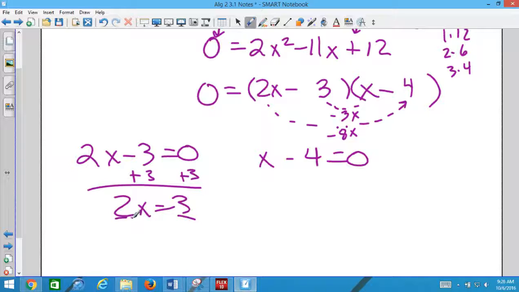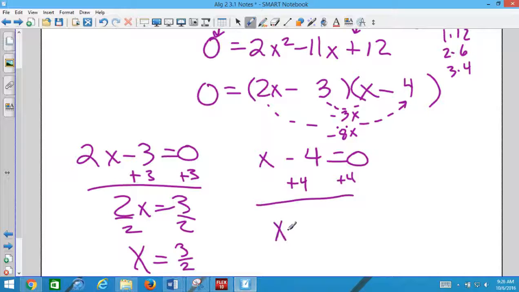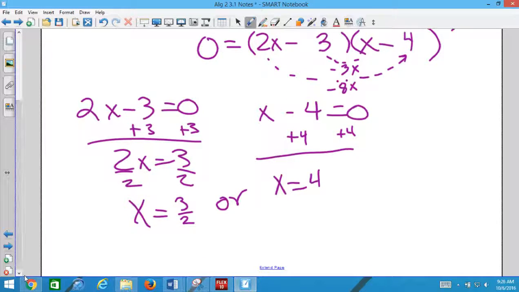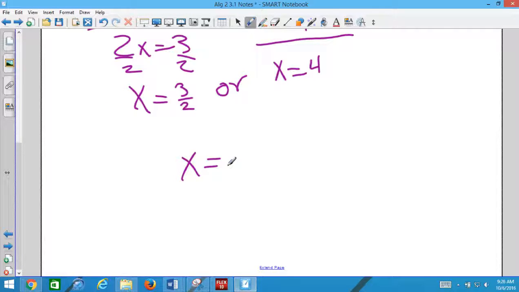Then divide by 2. So I get 3 halves. And yeah, I usually leave it as a fraction. Over here, I'm going to add 4. And then that one's solved. So my 2 answers, x equals 3 halves, or x equals 4. What number would I put first? Okay.